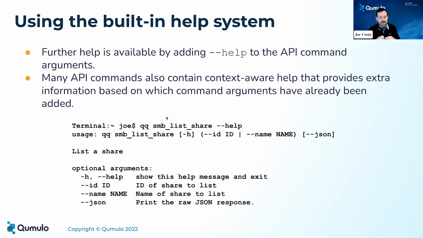Now, a lot of these API commands will also contain context-aware help that will provide extra information based on which arguments I have already typed. So in some cases, I can type QQ some command, give it some arguments, and based on whatever arguments I have already typed, that --help at the end will give me a little bit different help, which is pretty handy.